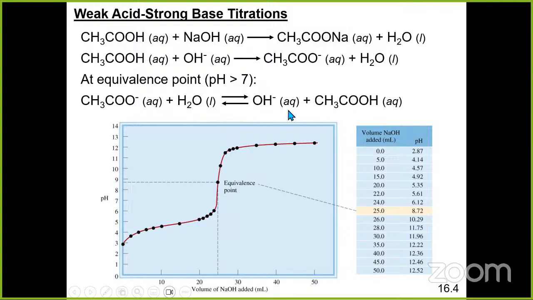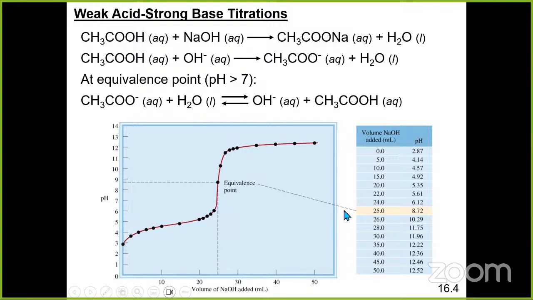So the formation of the hydroxide ion will make the solution basic, and therefore the pH at the equivalence point, where you only have acetate ions being formed, will be above 7. So that's why you see here the pH is above 7. By my estimation, this looks like 8.72, right? That's the pH at the equivalence point.